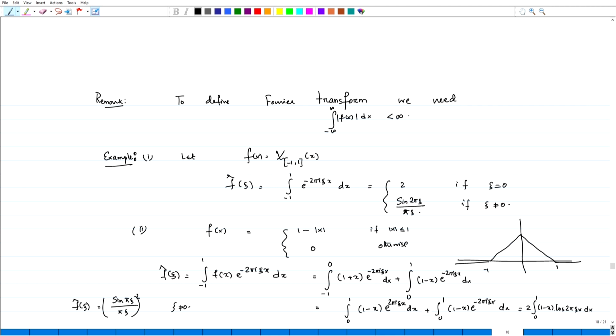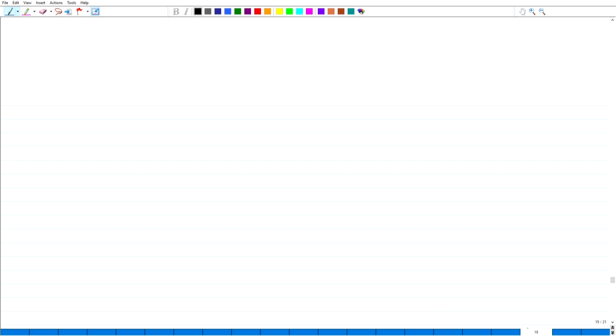So, you are going to get it in terms of cos, and then 1 minus cos 2 pi j, that is 1 minus cos 2 theta, that is 2 sin square theta. So, just by completing this argument, you will see that f hat of xi is equal to sin pi xi by pi xi whole square, that is sin square pi xi by pi square xi square.